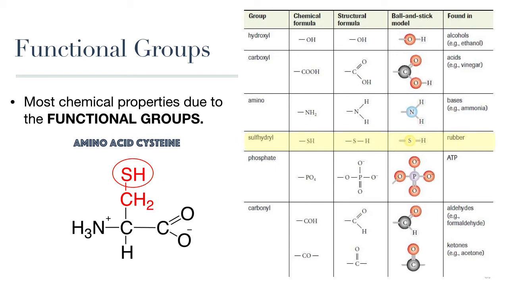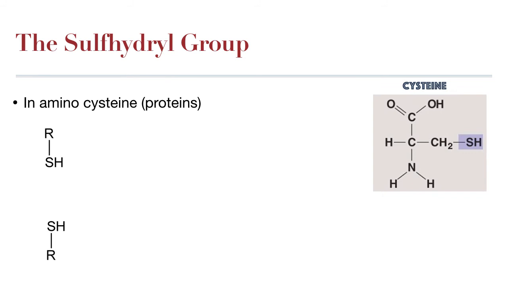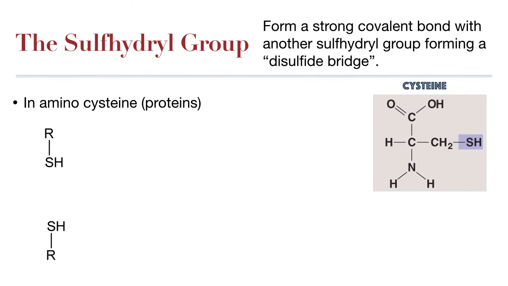And this sulfur atom forms a functional group called sulfhydryl, which consists of a sulfur bonded to a hydrogen. Now, sulfhydryl groups are important in determining the shapes of proteins because when two sulfhydryl groups come close together, they can covalently bond and form what is called a disulfide bridge.